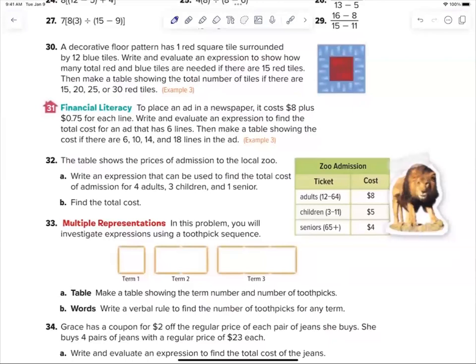I want the expression. 4 times 8 plus 3 times 5 plus 1 times 4. Wow. That was really nice. So everybody put that under number 32.